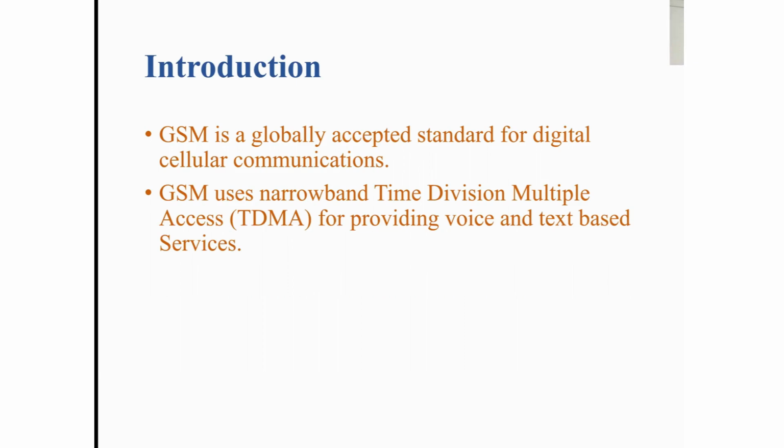In previous classes we studied about space division, frequency division, and time division. So can anybody say what is time division multiple access? Yes, time division multiple access is nothing but they allocate some time for each user.